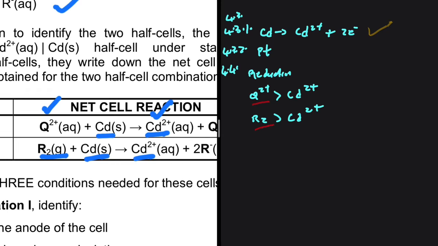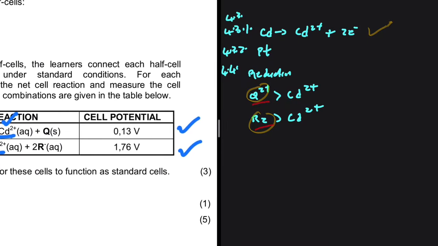So whichever oxidizing agent between these two leads to a higher EMF will be our strongest oxidizing agent. And if you look at the cell potential, R2 is giving us the highest cell potential. So we can say that Cd to the 2 plus is the weakest, followed by Q to the 2 plus. And the strongest oxidizing agent is R2.